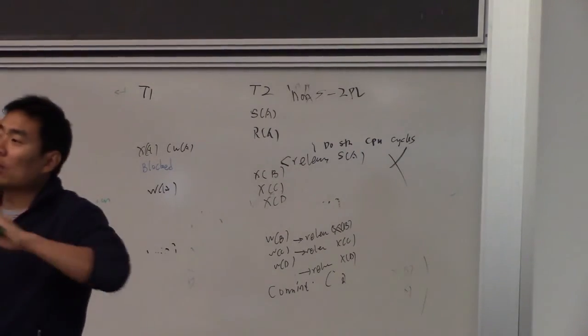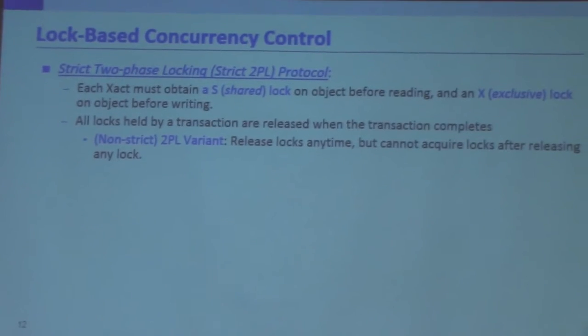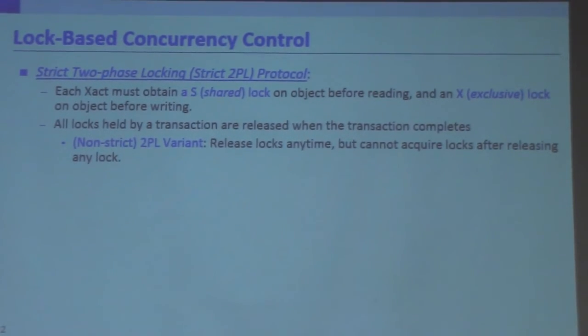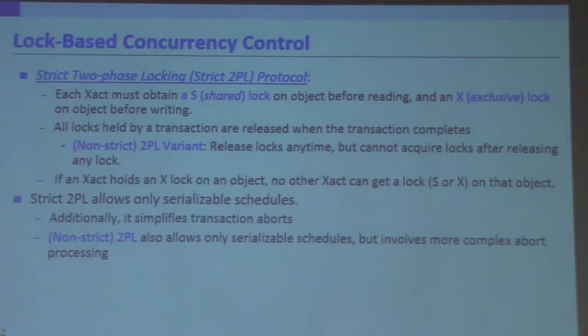Whereas in strict two-phase locking, it's much simpler. You can acquire locks as much as you want, as long as they are compatible with locks held by other transactions. But you only release locks when you're ready to commit or abort. You don't release locks before that at all. So what's the difference?